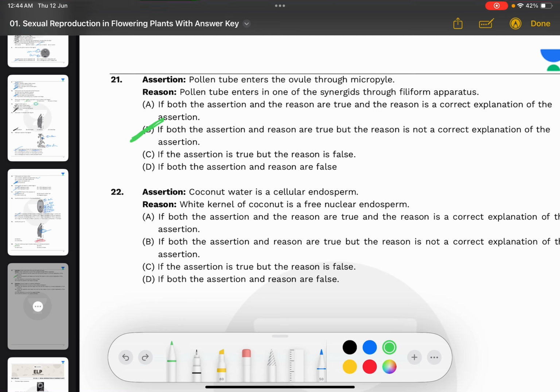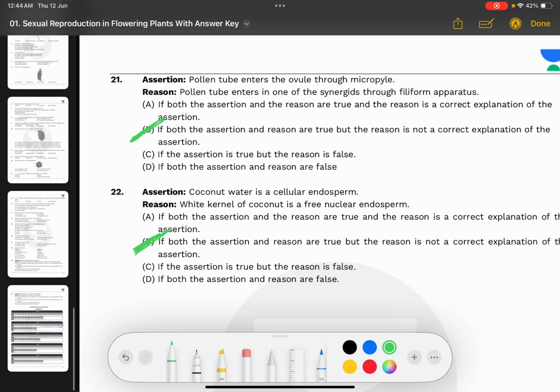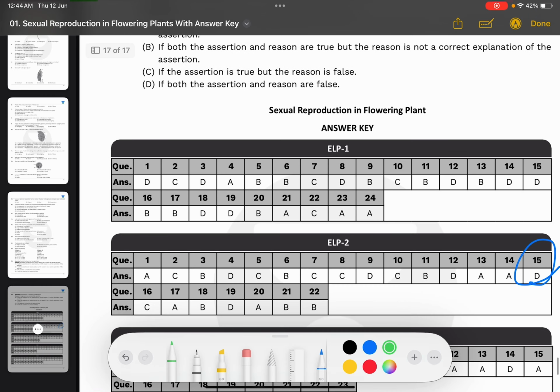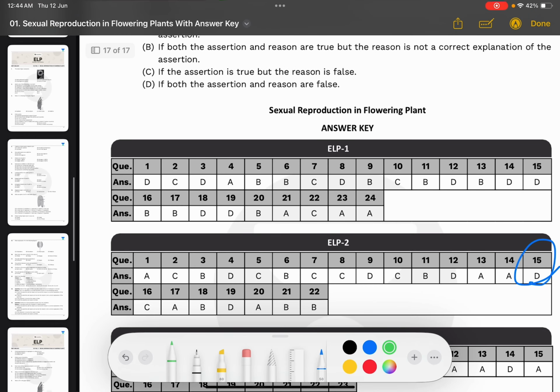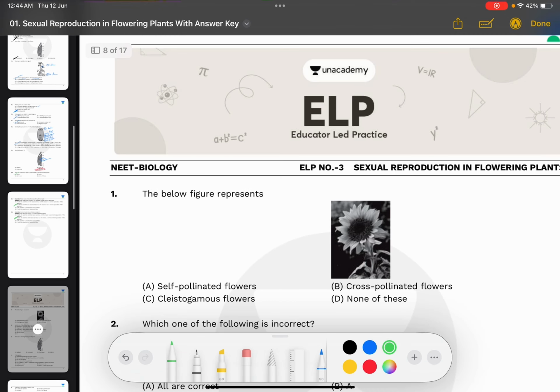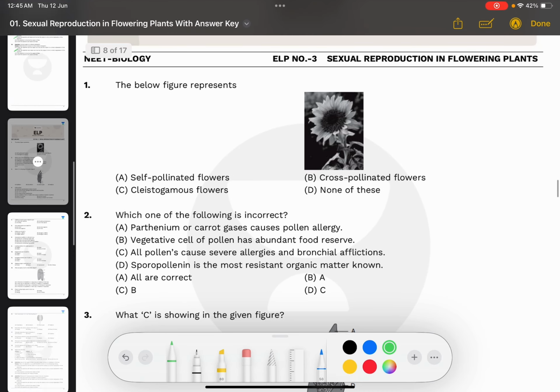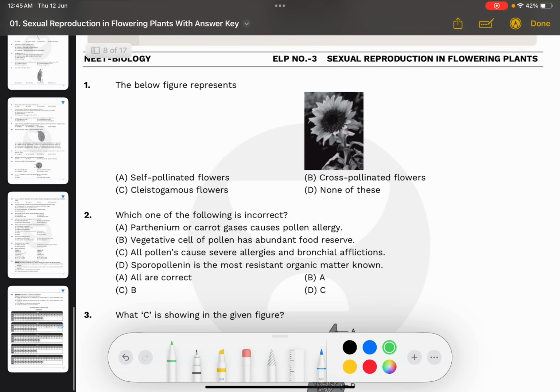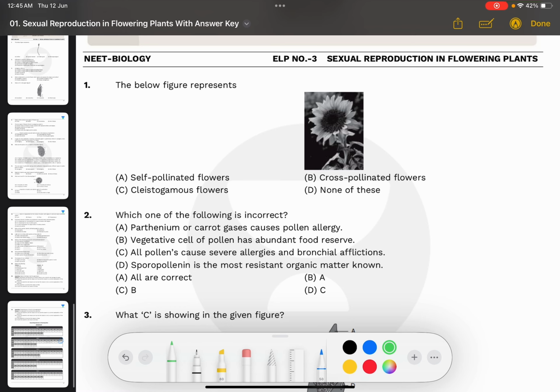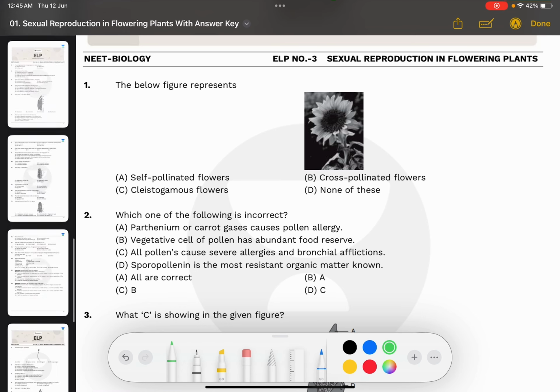Assertion is false, but there is no such option. B option, 22 का B should be there. क्या बात है. So here we start with this question. We have a very good question made by good teachers.